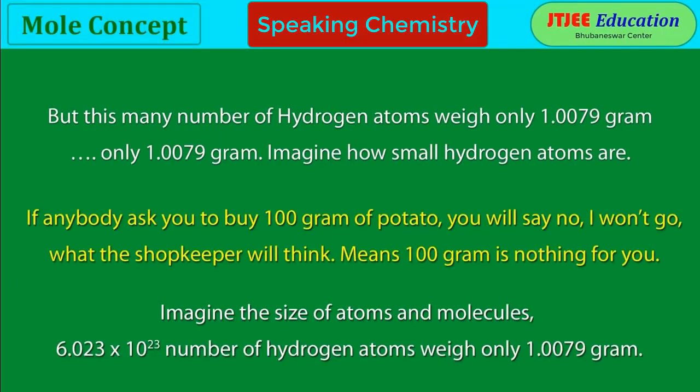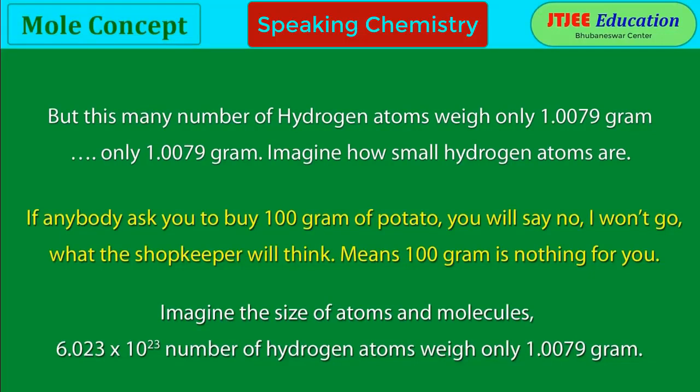But this many hydrogen atoms weigh only 1.0079 gram. Imagine how small hydrogen atoms are. If anybody asks you to buy 100 gram of potato, you will say no, I won't go, what will the shopkeeper think.